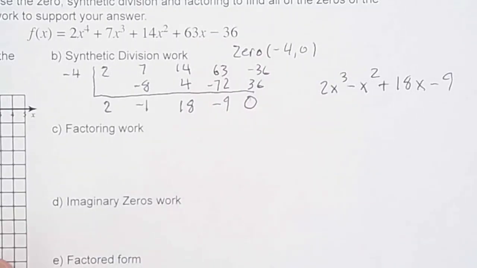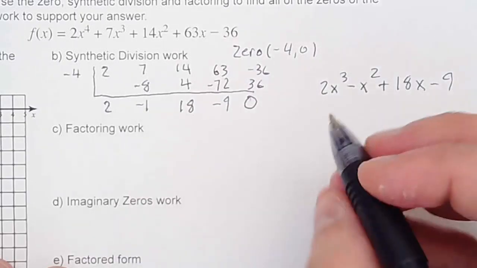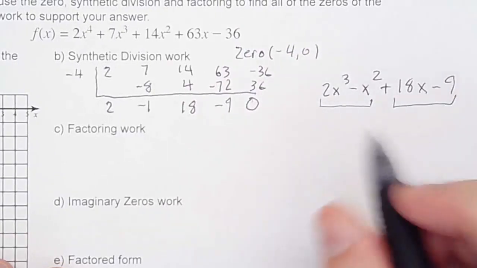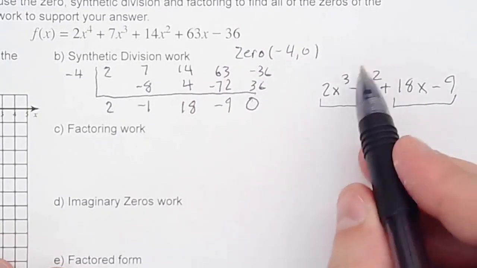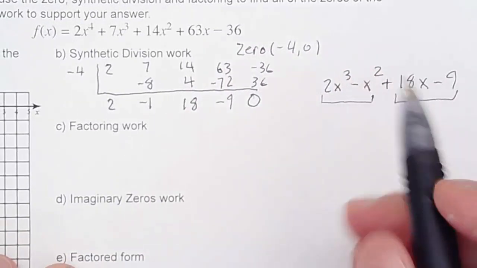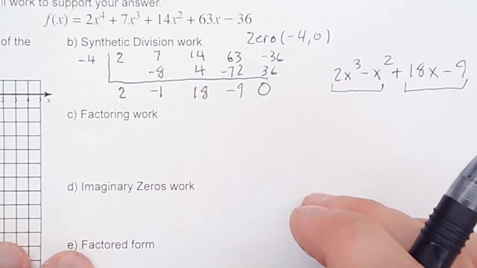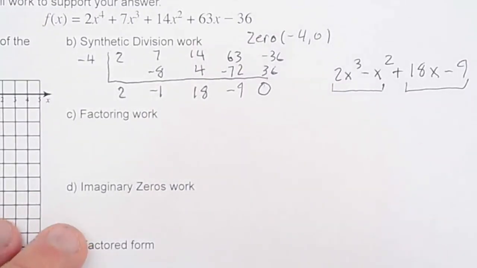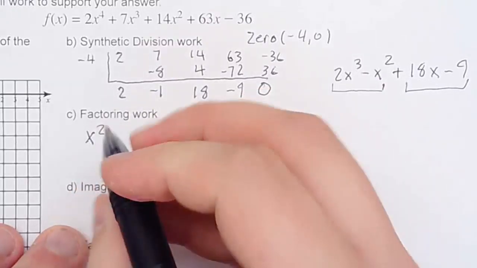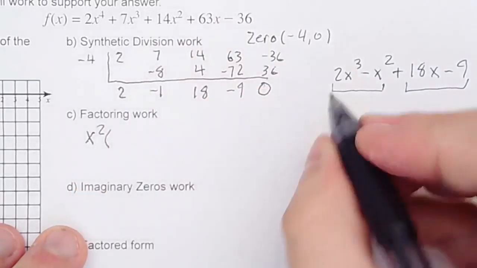And to do that, we are going to factor by grouping. If I look at these two pieces and these two pieces, what I'm looking for is what these two terms have in common that I can take out. It looks like I can take out an x squared, and on the inside that leaves me with 2x and then -1.